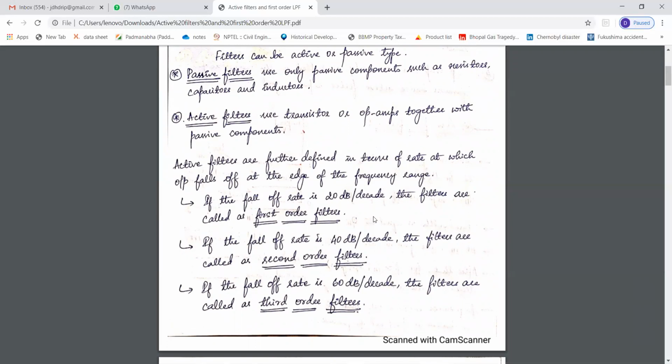If the fall off rate is 40 dB per decade, they are second order filters. We'll be studying first order and second order filters as low pass and high pass filters. Third order filters are not in your syllabus, but they are those in which the fall off rate is 60 dB per decade.